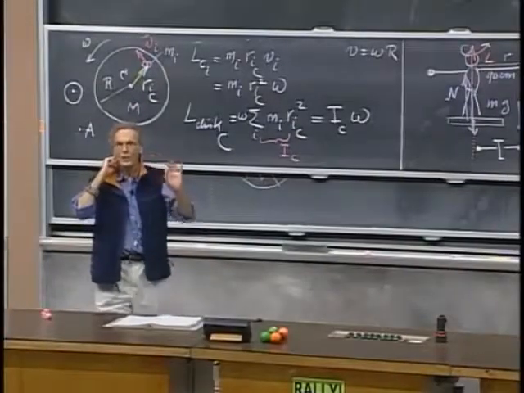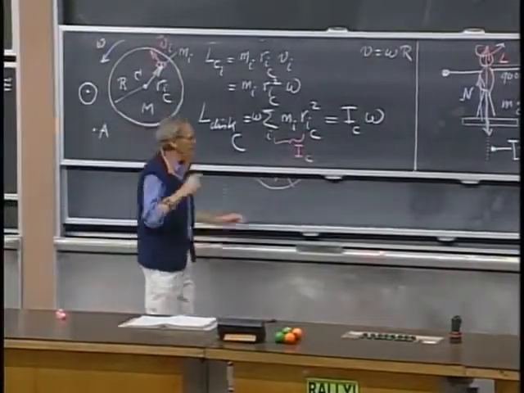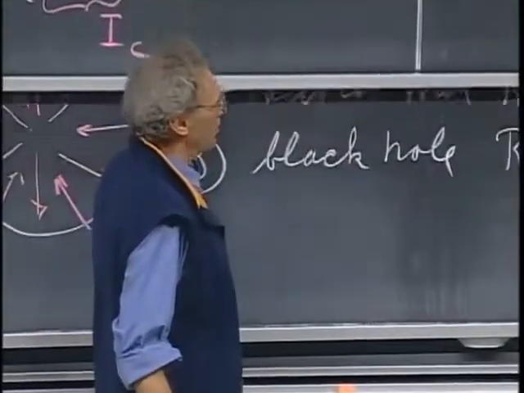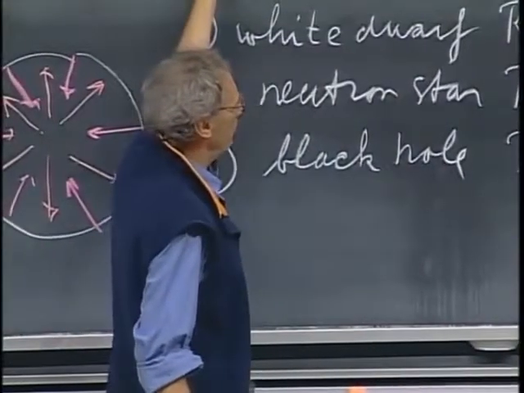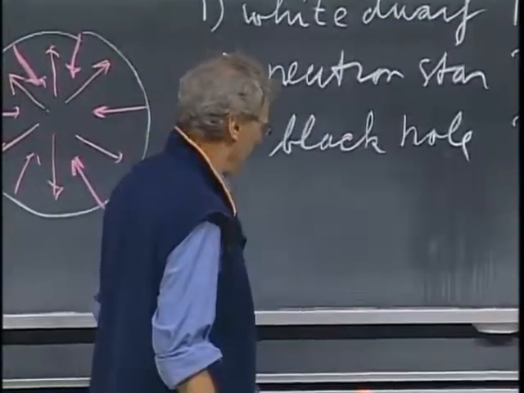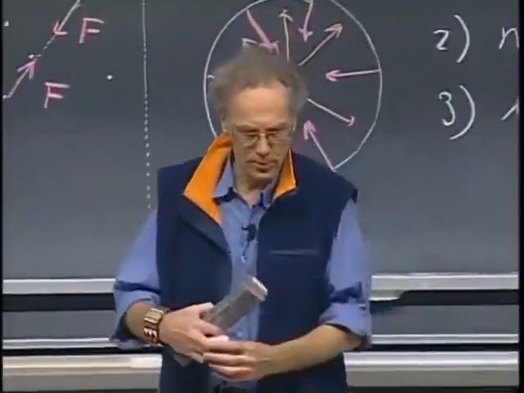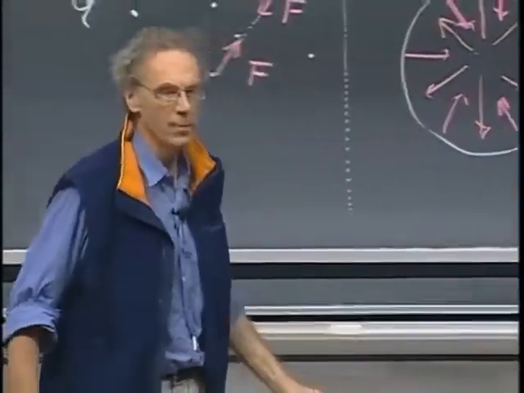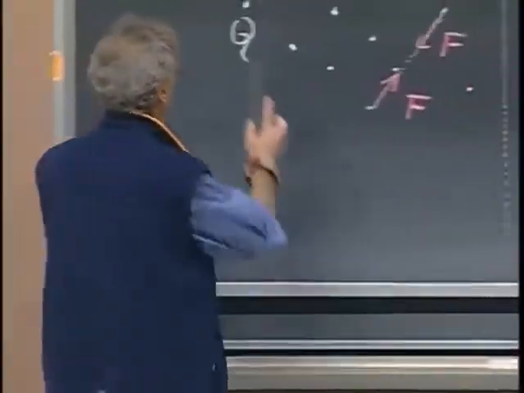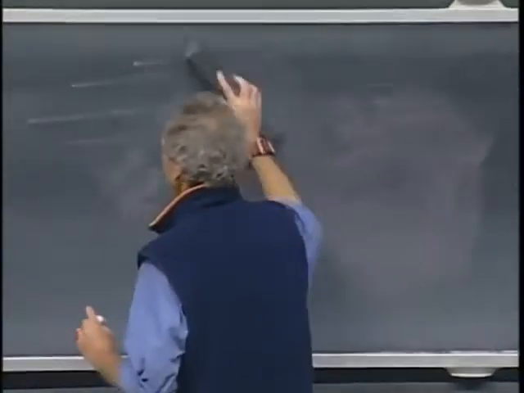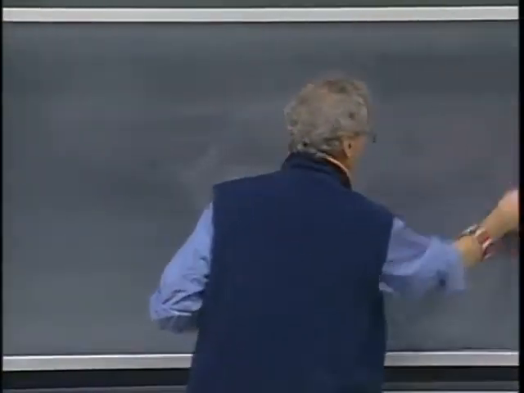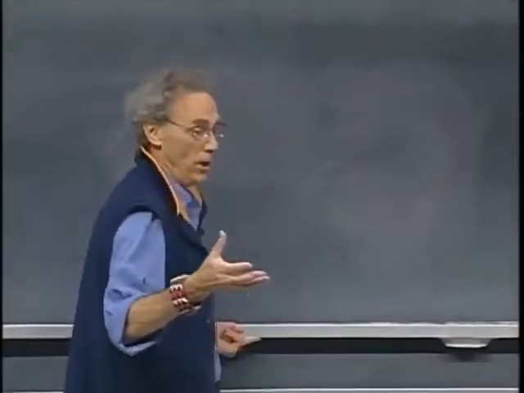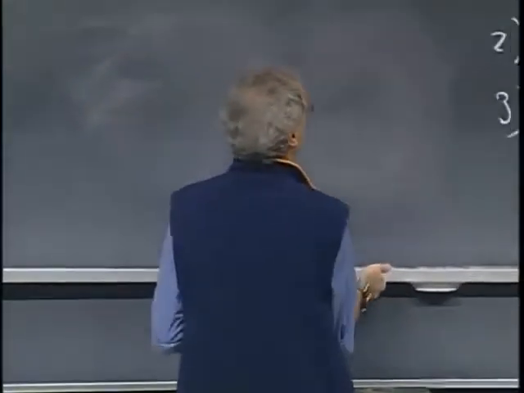I want to do a little bit of quantitative work on this, and I want to take an object like our sun, and I would like to collapse that object from its present radius of about 700,000 kilometers to a neutron star with a radius of 10 kilometers, even though I know, and I told you, that the sun will not become a neutron star.